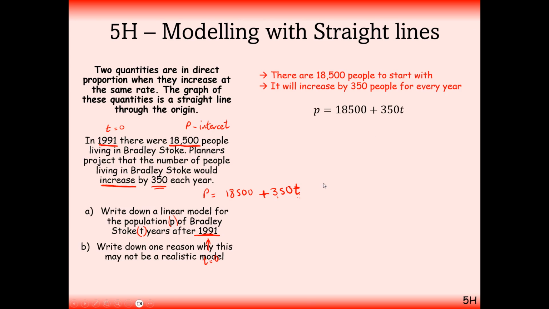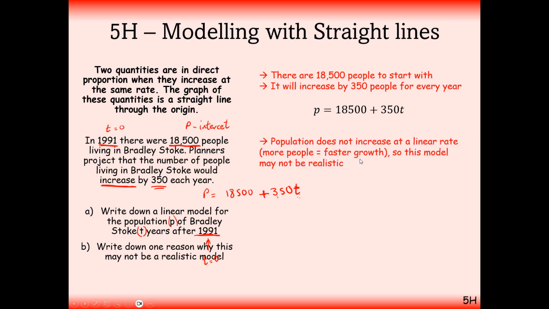So part B of the question is saying write down one reason why this model may not be realistic. Well, there are resources that people have to overcome. Population usually increases fast when there is a small population and grows exponentially.